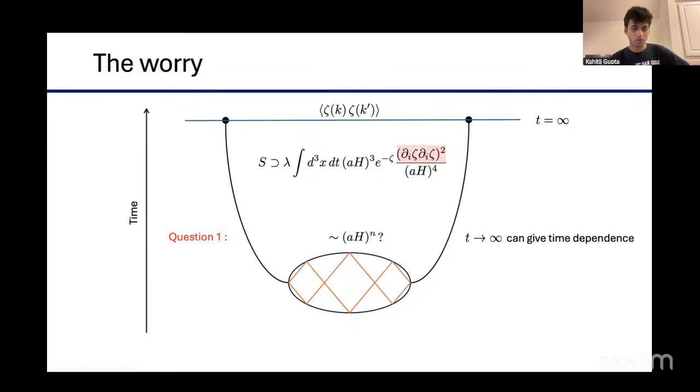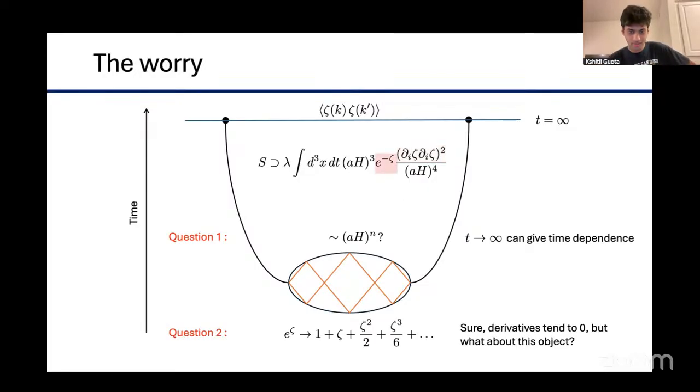So one of the questions, roughly speaking, that can arise is the following. If you have these derivatives of zeta in these quantum loops, can they give rise to any additional time dependence? Can this go as some power of aH so that in the far future, as a is growing, this entire quantity actually starts growing? So that's one question you can have.